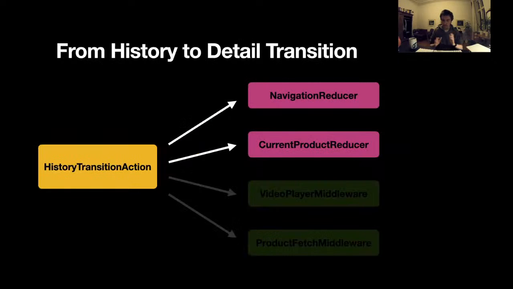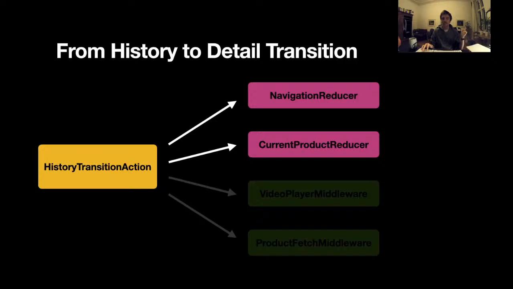And just want to mention that you can have at the same time not only reducers reacting to an action, but also middlewares reacting to actions. So for example, here, when we want to make a history transition, you first want to go to the navigation reducer and understand what exact transition you need to make.